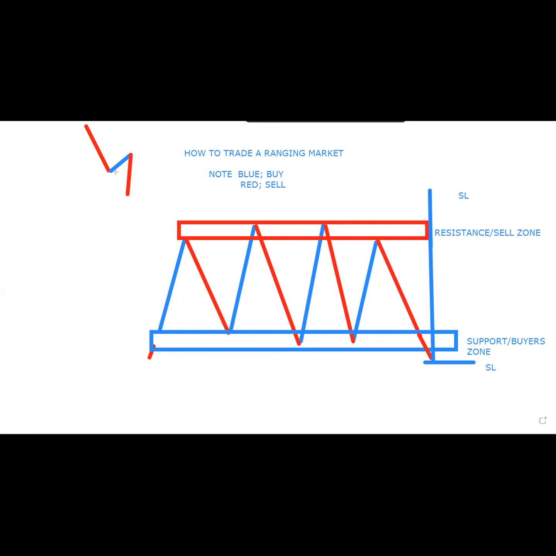Remember the reasons why we have a ranging market that we discussed. There is a period of rest when the market has been moving strongly. So let's say this market was trending down before, meaning it was moving down. Then after moving down for a long period of time, it decided to take a rest.